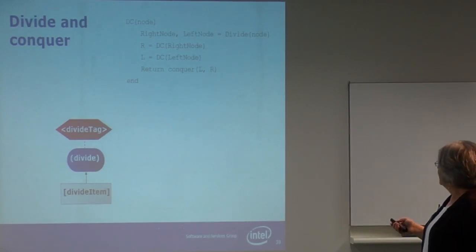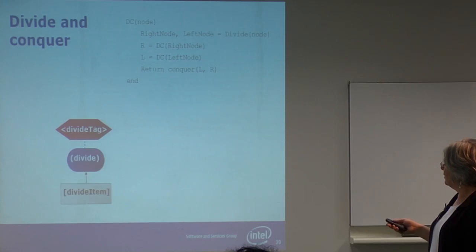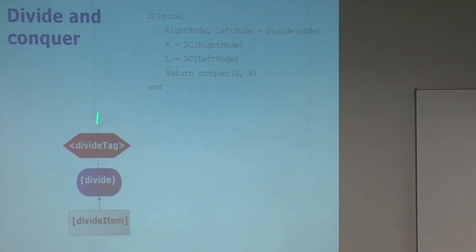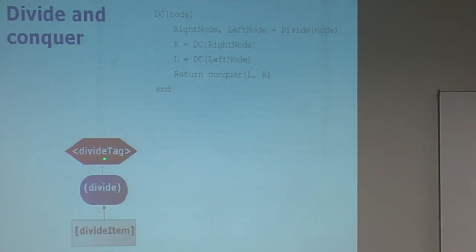So here's a divide and conquer application, and again, this looks very much like it did before. We have the code in the middle, there's some tag collection that defines it, and an item that's consumed. The root tag and the root item are probably coming in from the environment or from somewhere else in the code.